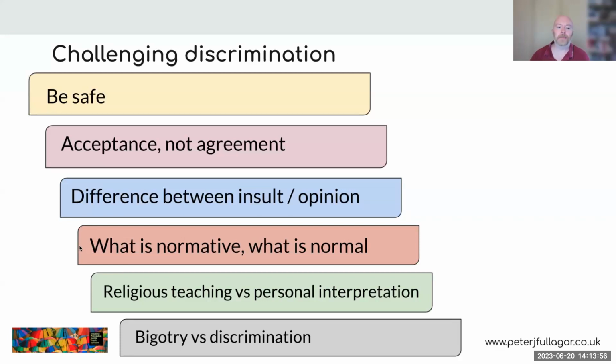It's bigotry and discrimination. They are connected to each other. Bigotry refers to attitudes or beliefs that are prejudiced towards a particular group, especially based on stereotypes or things that people have learnt.